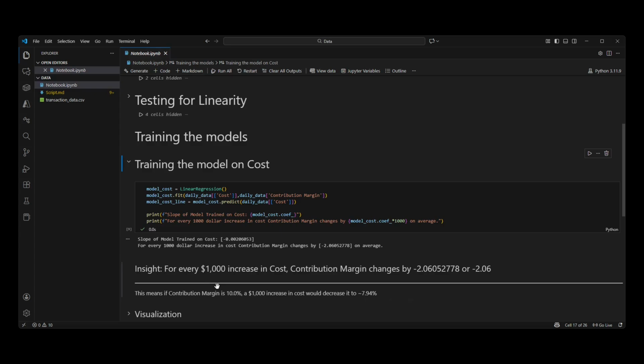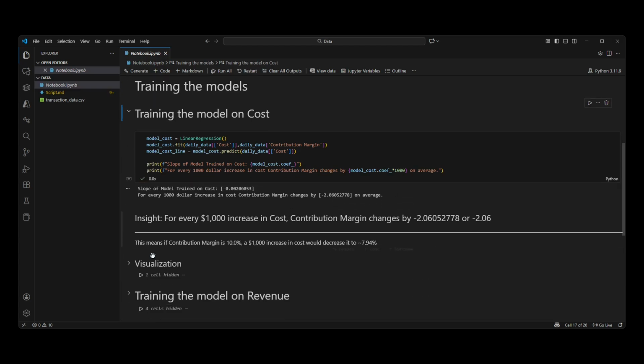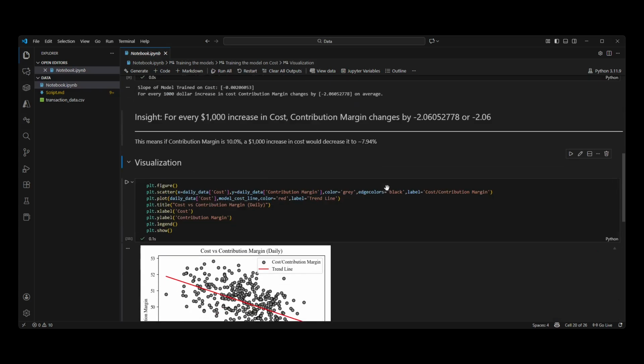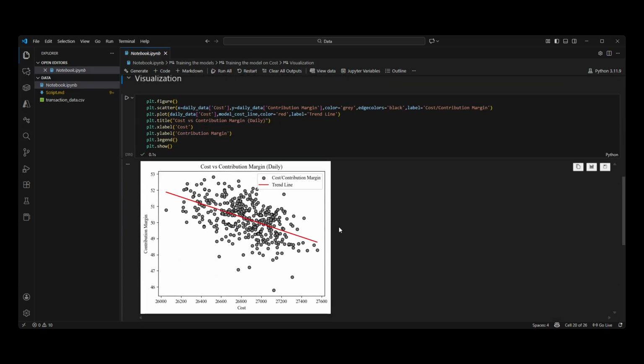So what that means is for every $1,000 increase in cost, contribution margin will change by negative 2.06, so to speak. So if your contribution margin was 10%, a $1,000 increase in cost would decrease it to 7.94%. And the visualization of that relationship is here.